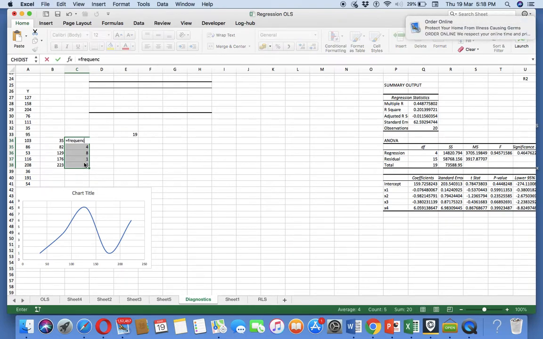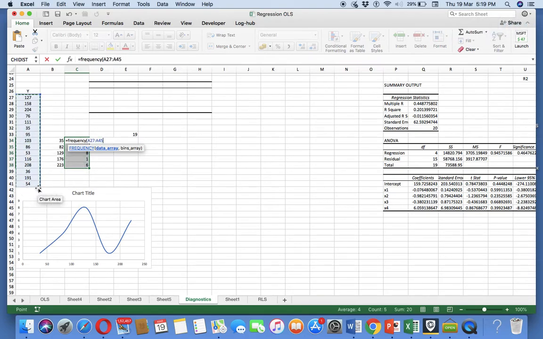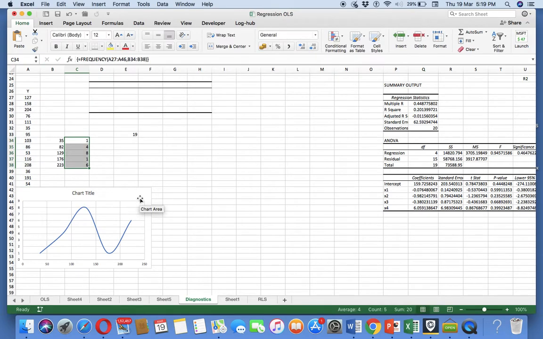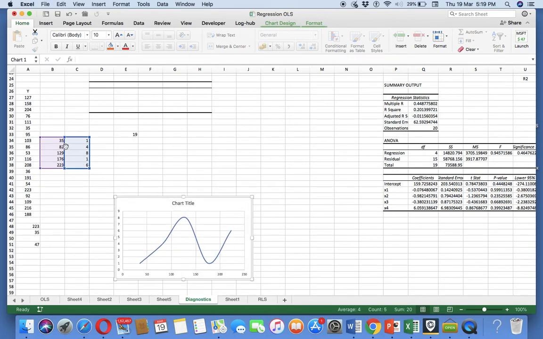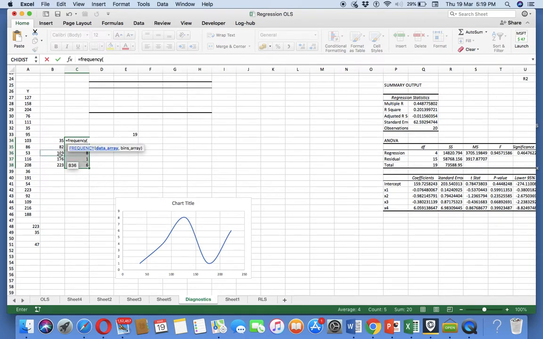Frequency, this data, range, close the bracket, Control Shift Enter.